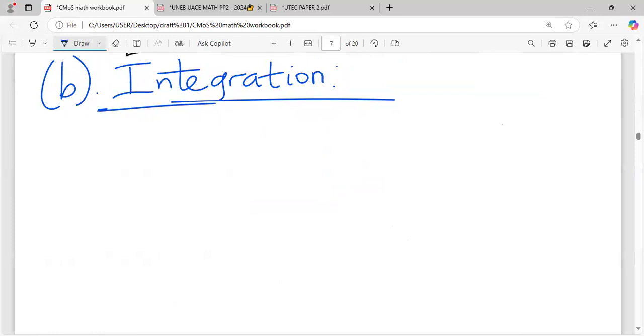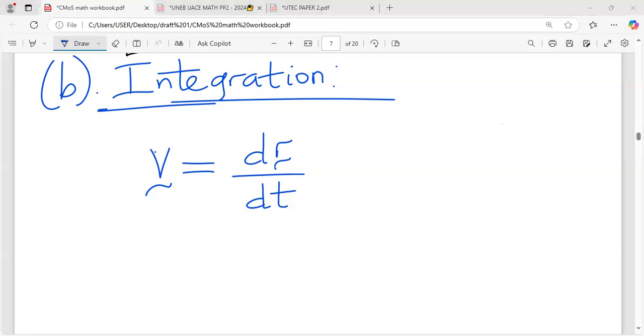So I'm beginning with the velocity. Velocity is the change of displacement with respect to time. Then you all know from that. So how are you going to help us who didn't attend the integration lesson?